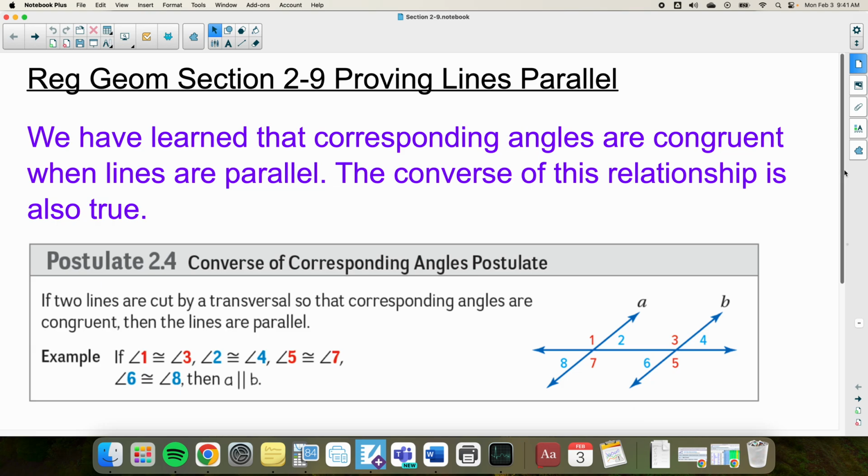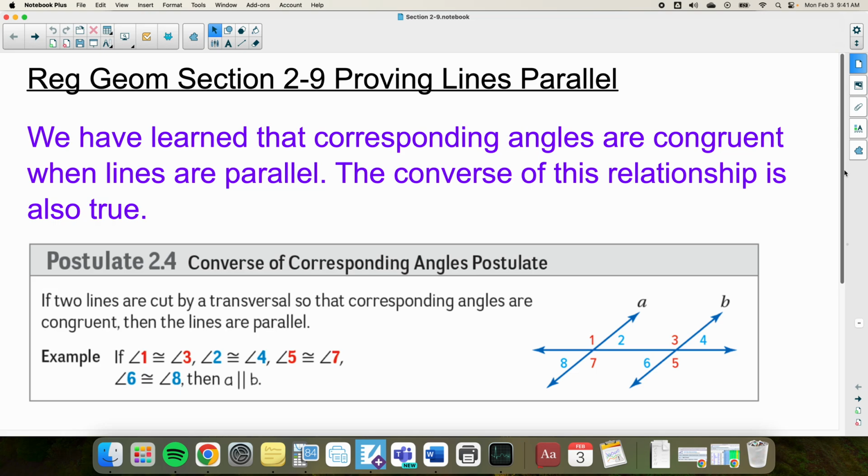All right, so today should not seem too bad because this is actually paired with one of the lessons we had last week where we talked about if you have two parallel lines, alternate interior angles are congruent. This lesson does the converse of each of those things. So today, they're going to give us some information and we have to determine if those lines are parallel or not.